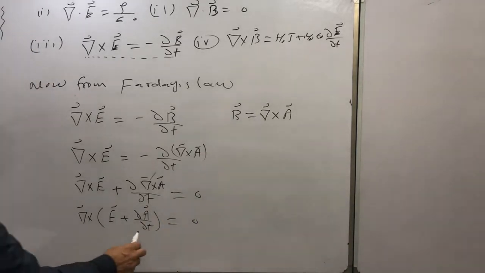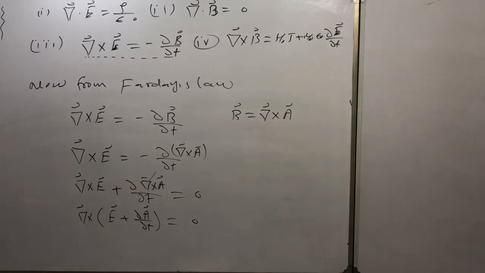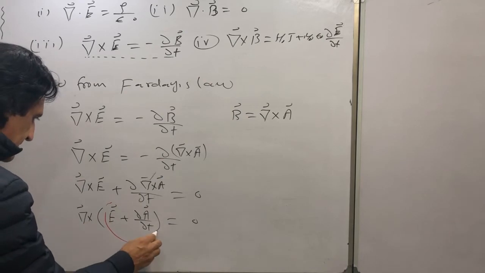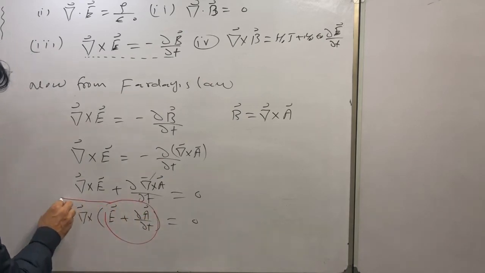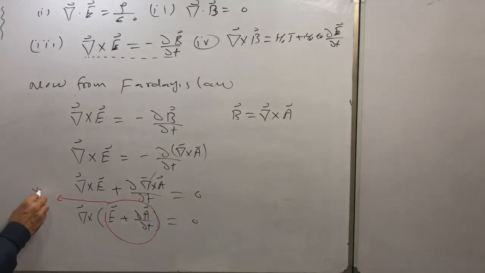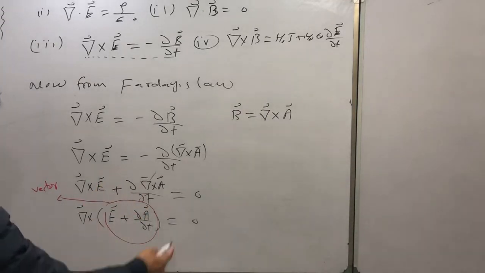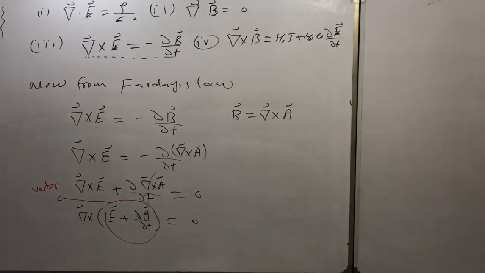Now, this term is very, very important. This is a vector quantity, because this is the electric field and this is the vector potential, so the whole thing is also a vector.